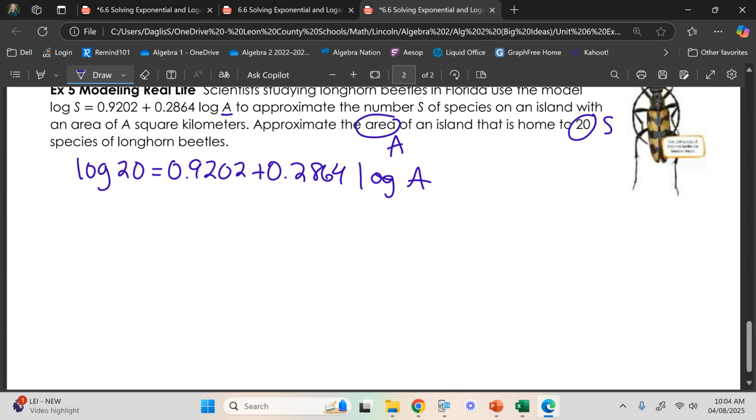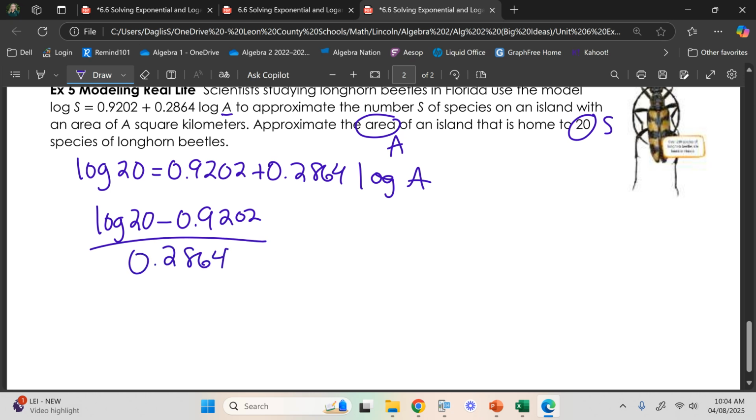With problems like this, we're going to try to wait to round until the very end, if possible. So when I move things over to log 20, we're going to subtract first, right? Subtract the 0.9 and then divide by that 0.2. So let me show you something: log 20 minus 0.9202, all over 0.2864.